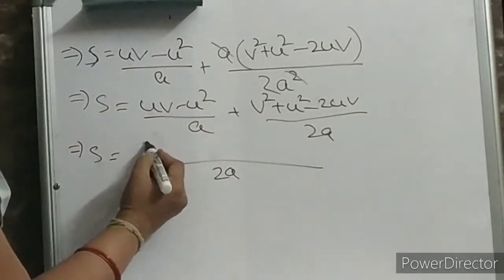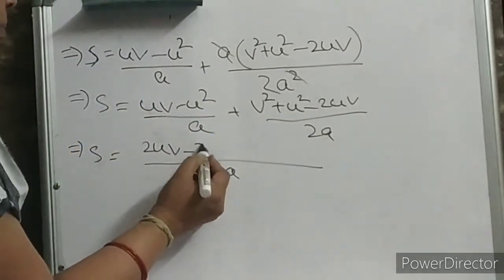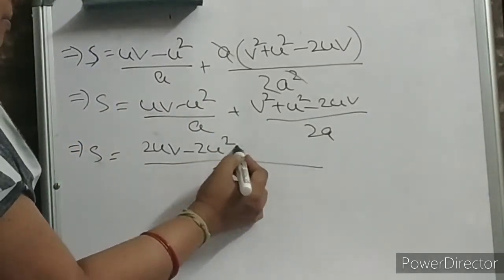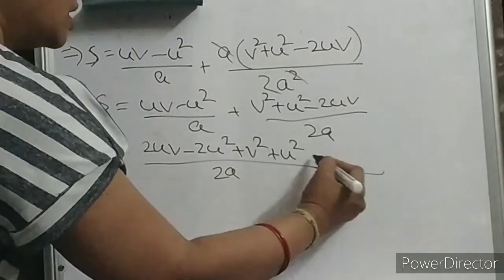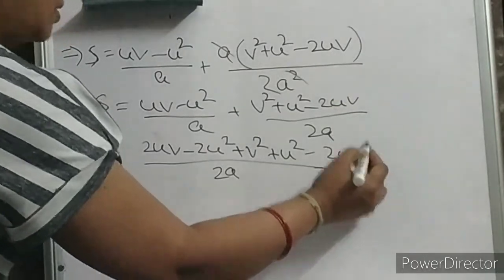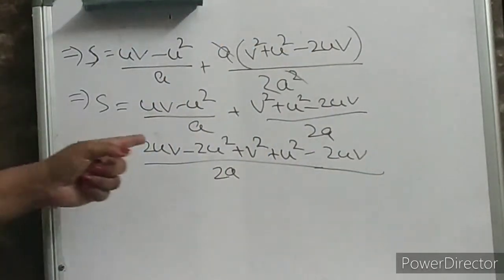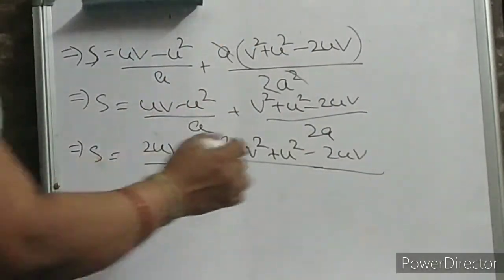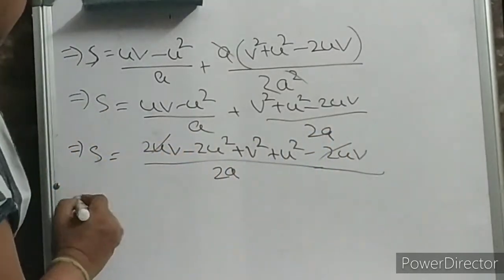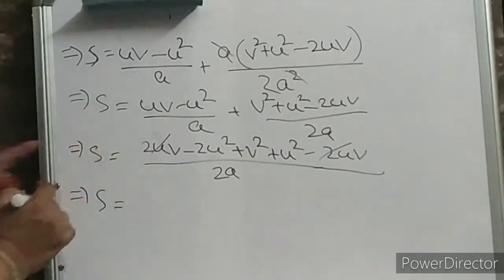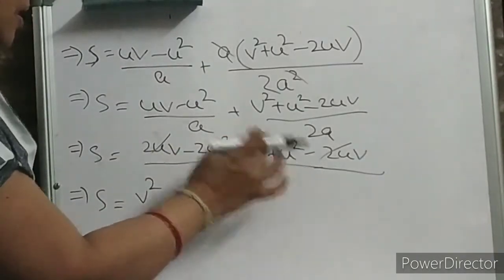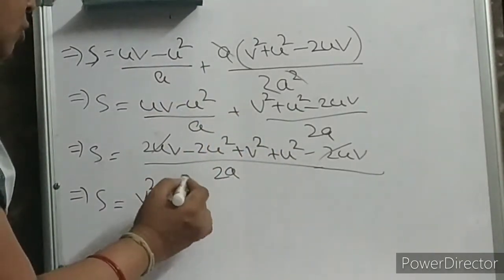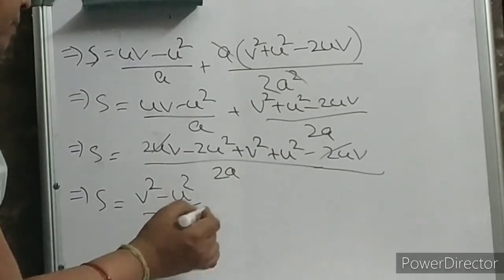So you will write 2UV minus 2U square plus V square plus U square. Simple addition children, nothing great. Now 2UV minus 2UV get cancelled. So V square minus 2U square plus U square, it will be V square minus U square by 2A.